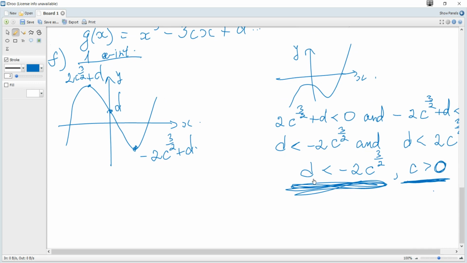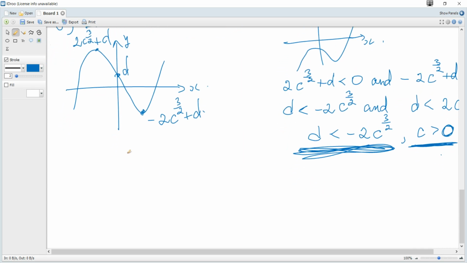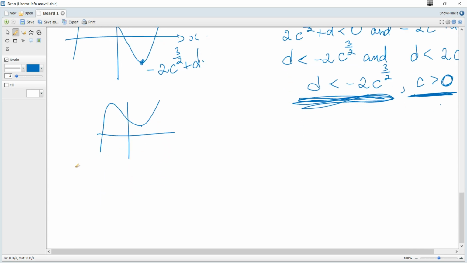And it may be that the maximum is above the x-axis and the minimum is also above the x-axis, provided that maximum and minimum exist, so c is greater than 0.